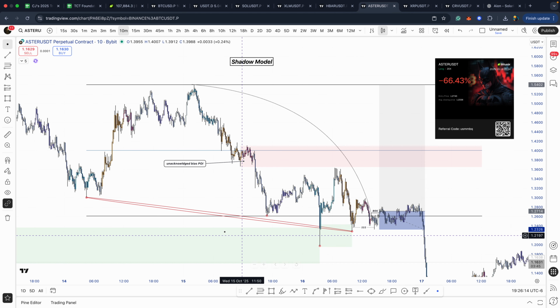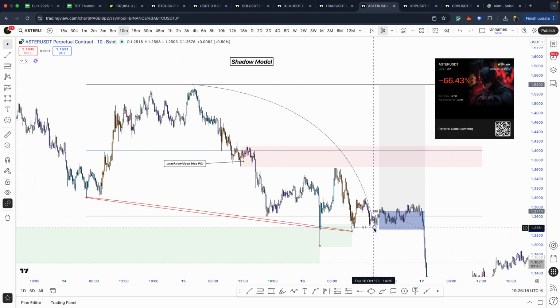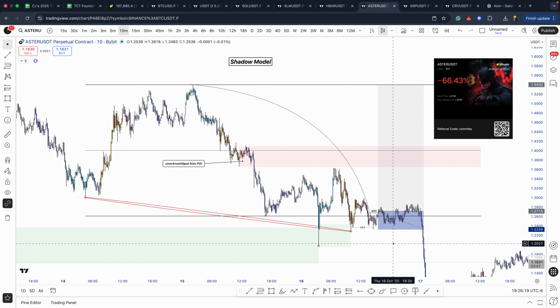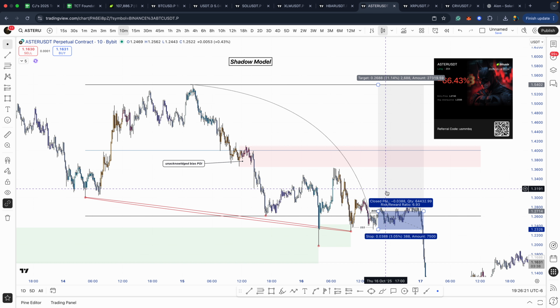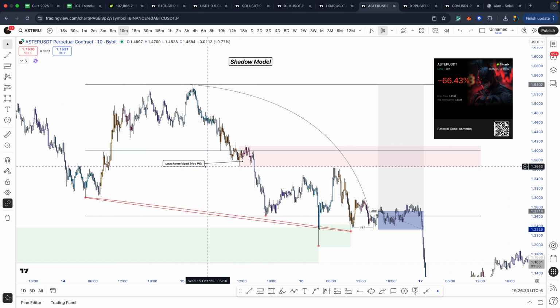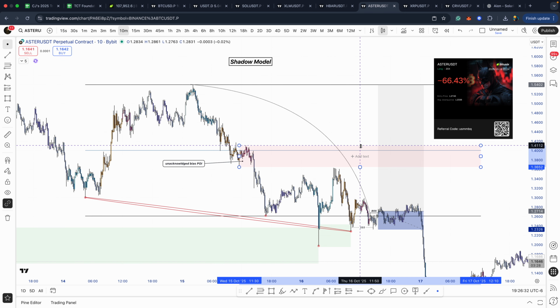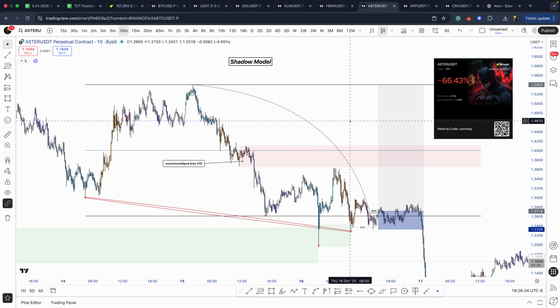So here when we saw not only an extended model, but an extended model, something I've never traded. Sure, it kind of looks a little clean, but look at this. I did not really even acknowledge this POI. My brain did not want to pick it up. My reticular activating system did not want to pick this up in my brain.